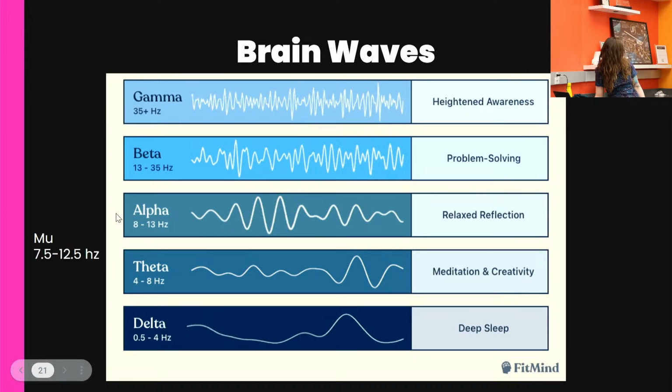It's not described as often, but it's, I think, described as a subset of alpha, and it definitely overlaps, but it's found over the motor cortex. And that one's interesting because it potentially has to do with empathy. It has to do with motor neurons and your perception of someone else, the way that you perceive someone else's actions in the motor cortex.